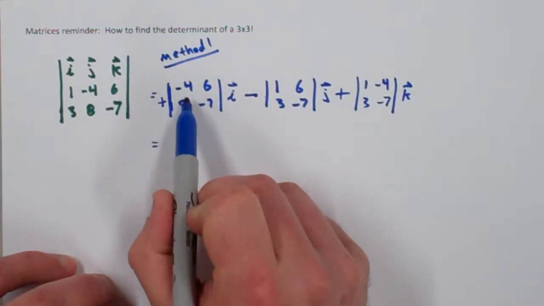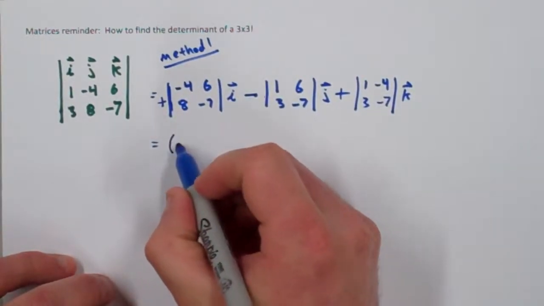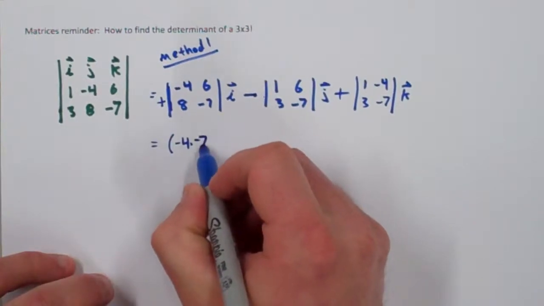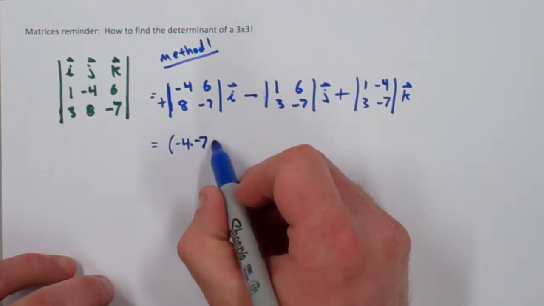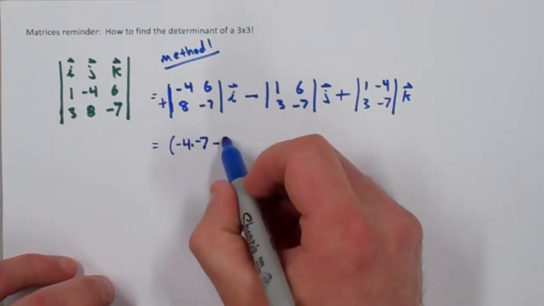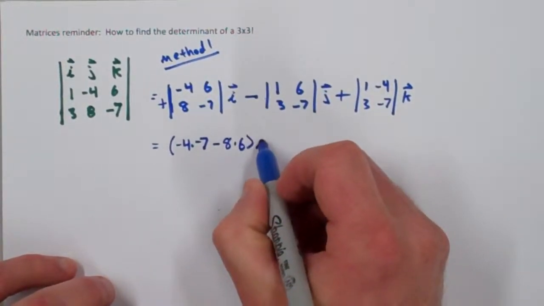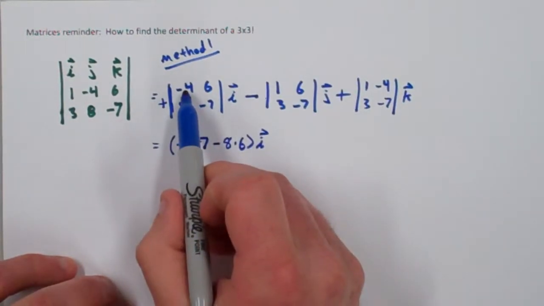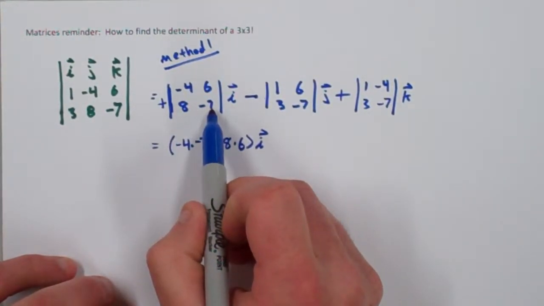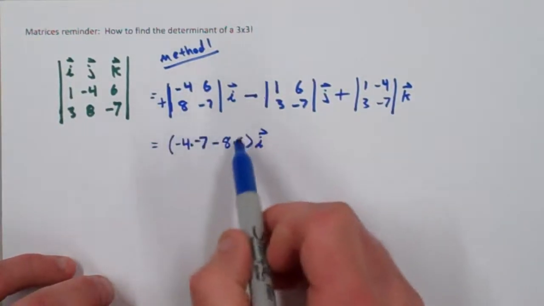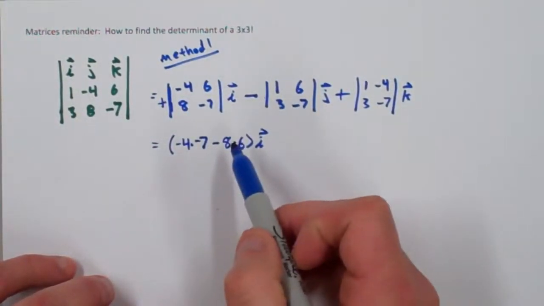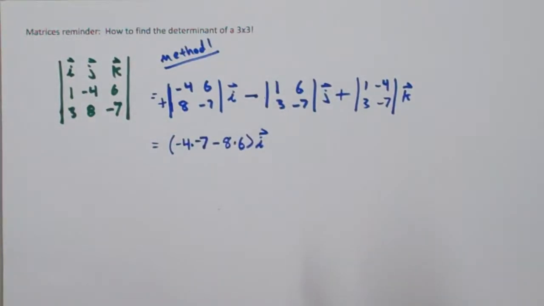So we've got -4 times -7, and then we're going to subtract 8 times 6 here. It's like the upper left corner times the lower right minus the upper right times the lower left. In any order, 8, 6, 6, 8, whichever goes here, but there definitely needs to be a minus sign in the middle.